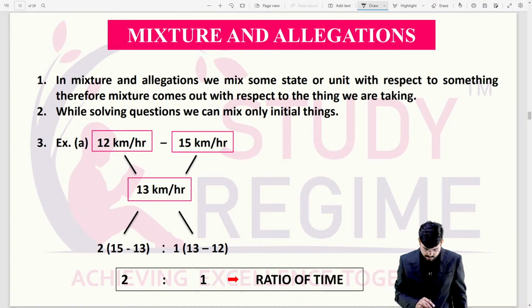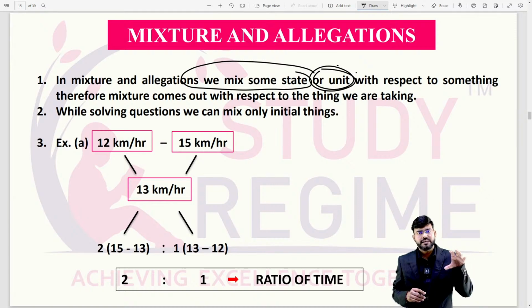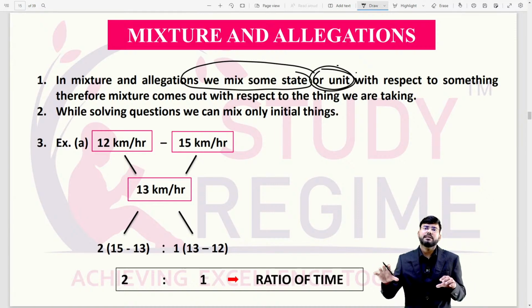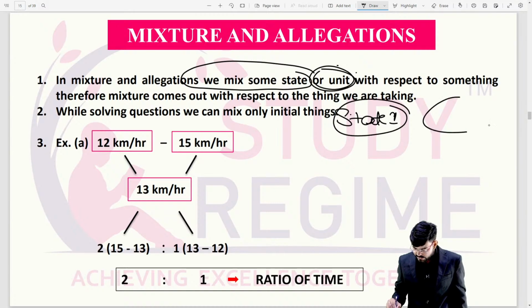Okay. The first point written is that in mixture and alligation, we mix some state or unit. What are we mixing? We are mixing state 1, let's say, with state 2. There are 2 states. Suppose there is state 1 and there is state 2.